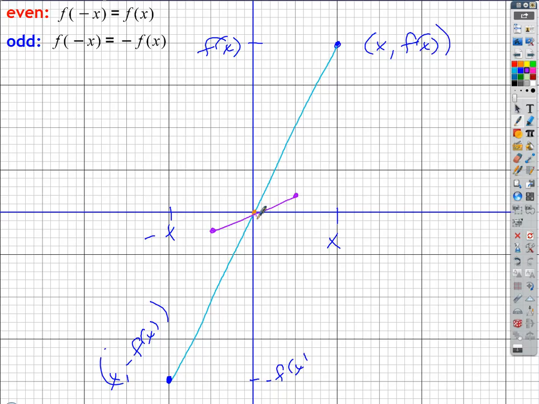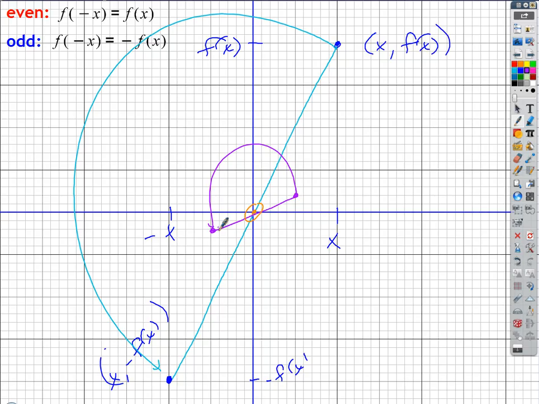If I put a tack in this big piece of paper right at the origin, how far would I have to rotate the whole paper to get from this point down to that point? 180. It's going to be half a turn. Wouldn't the same thing happen here? If I rotate 180, this one just goes half a circle to get there.